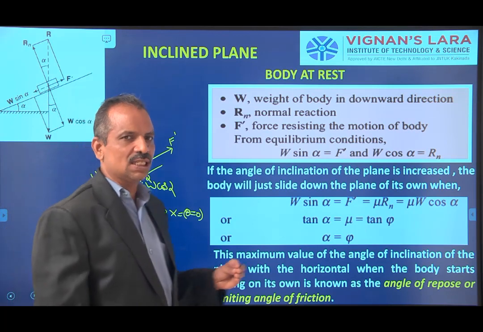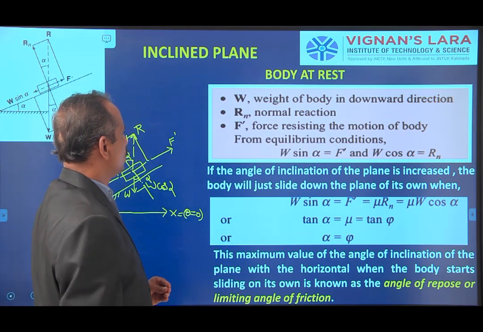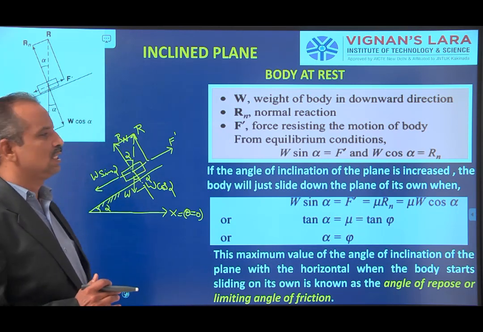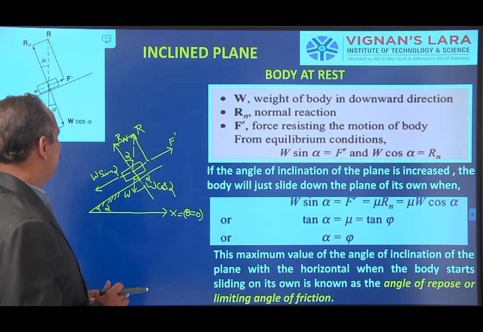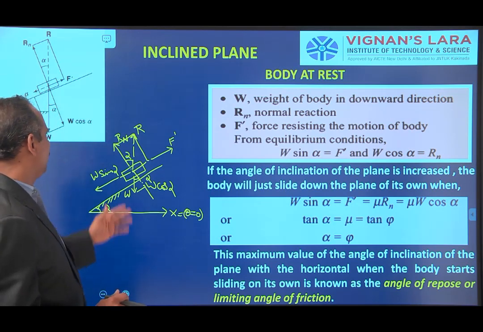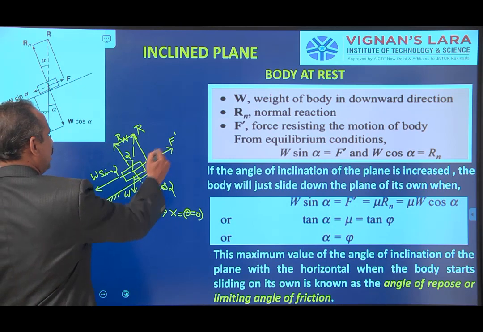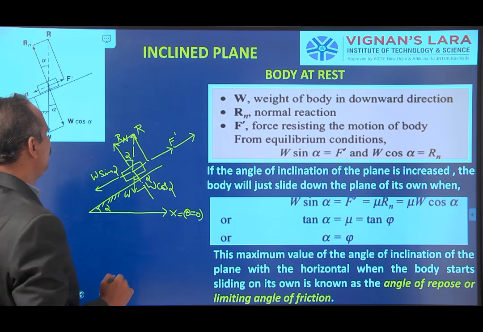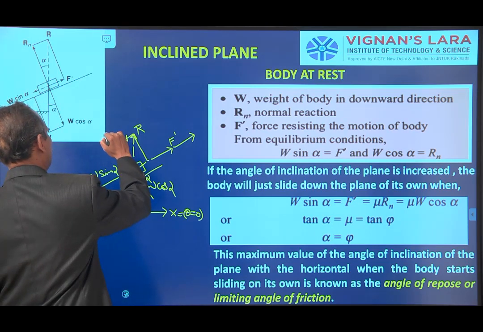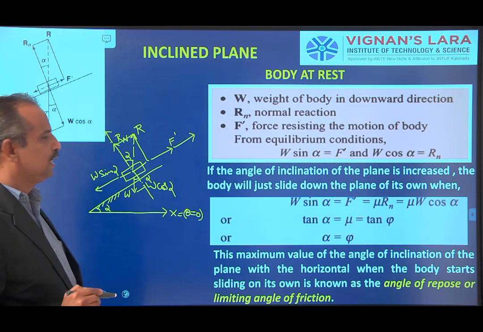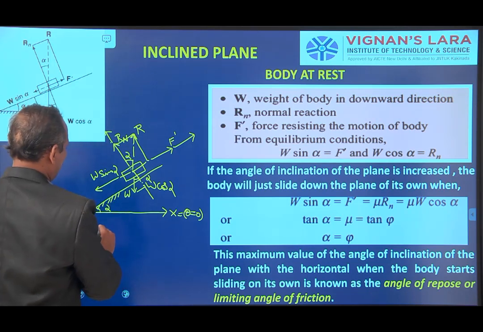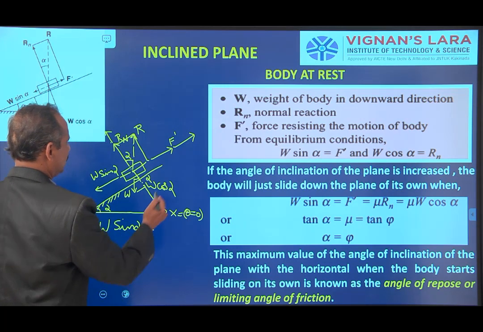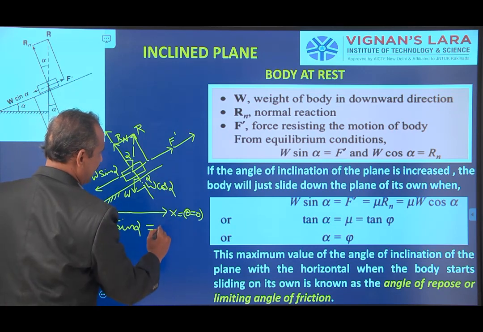Suppose the body is not moving down. When the body is not moving down, F dash is the force resisting the motion of the body, from equilibrium. If you take the forces in this plane and equate them for equilibrium, we can write W sin alpha on the left side and F dash on the right side.